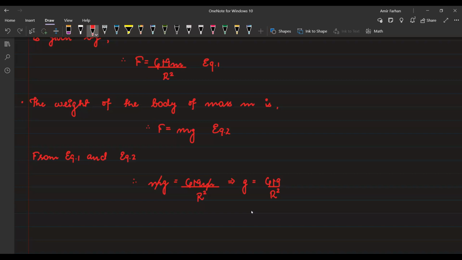This is how you can derive this equation. Right, everyone?